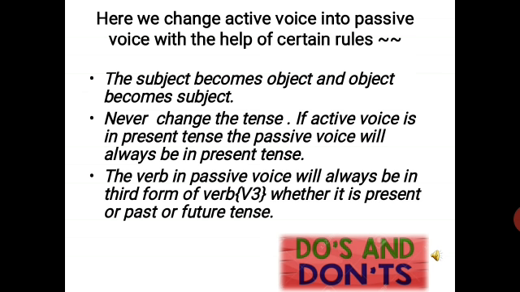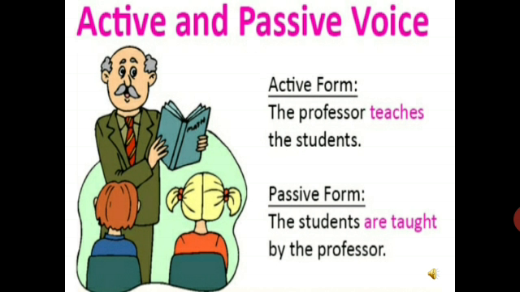If active voice is in present tense, the passive voice will always be in present tense. Third thing, the verb in passive voice will always be in the third form of the verb, whether the sentence is in present form or in past form or in the future tense.